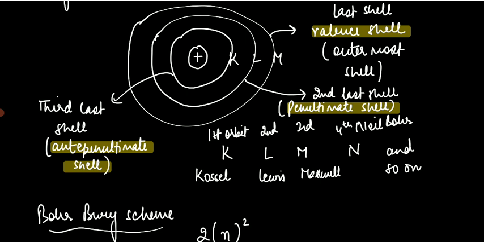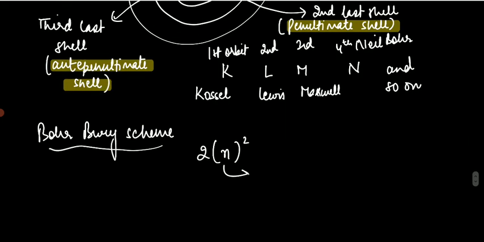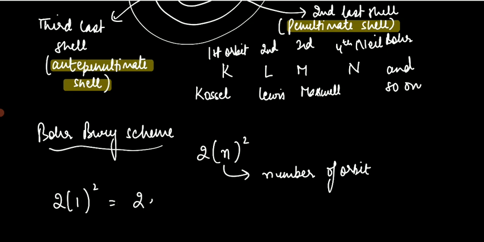How electrons are going to arrange themselves, based on the space provided. So 2n square, n is nothing but the number of the orbit. If I put the first orbit value, it will give us 2 electrons.